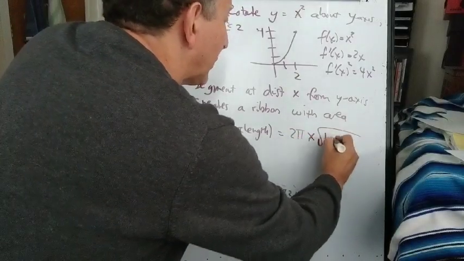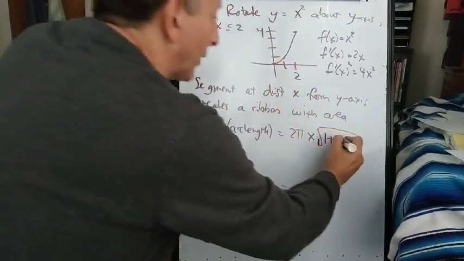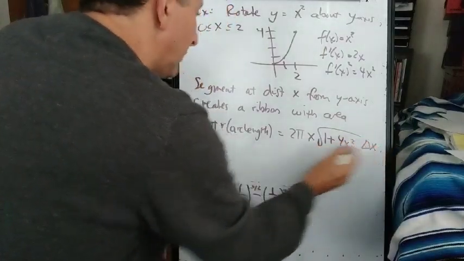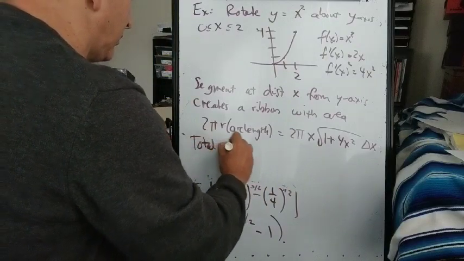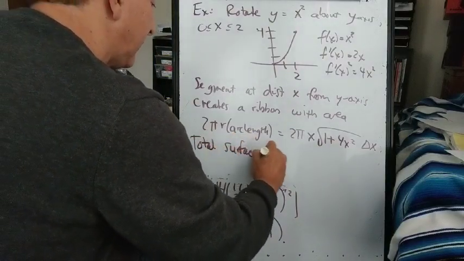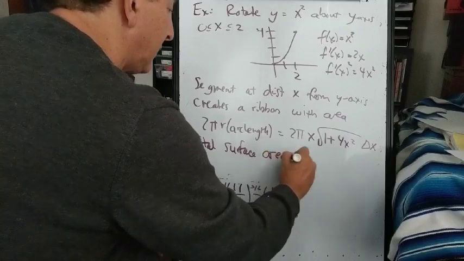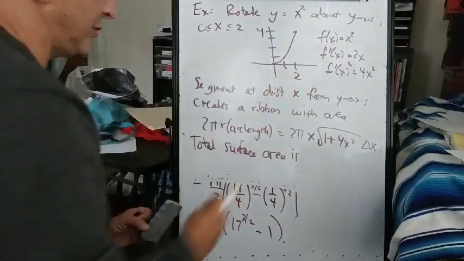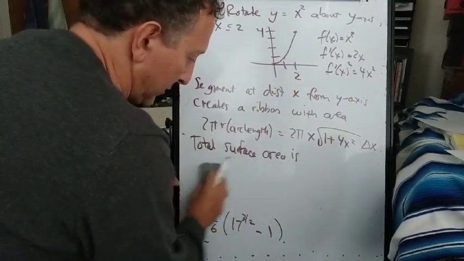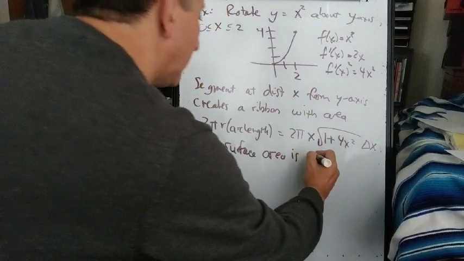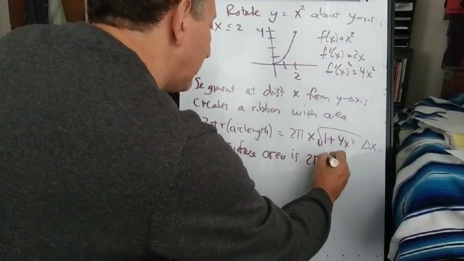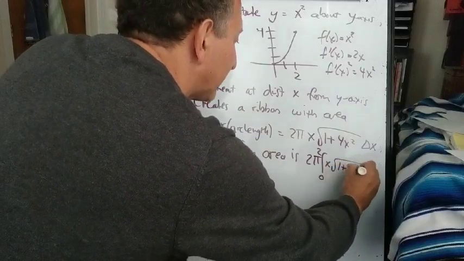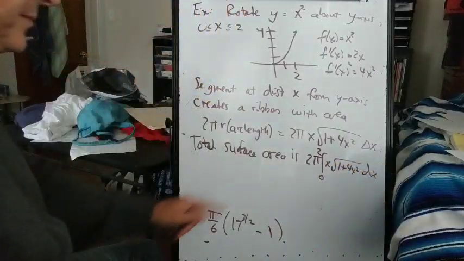And the arc length is the square root of 1 plus derivative squared, which we said is 1 plus 4x squared, delta x. Then the total surface area is the integral of this as x goes from 0 to 2: two pi integral from 0 to 2 x square root of 1 plus 4x squared dx.